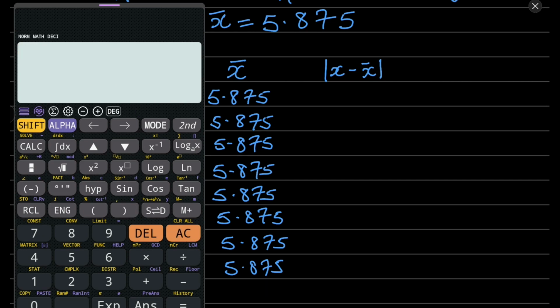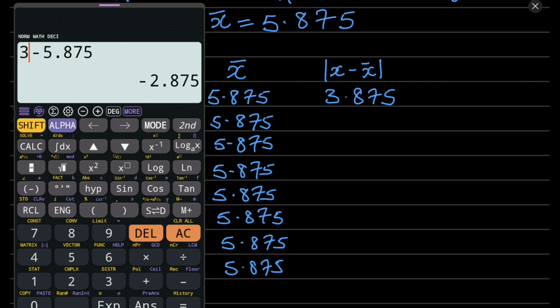For the first x, we have 2 minus 5.875. According to the calculator we have negative 3.875, but simply because we need the absolute value and not the exact value, we neglect the sign and just write 3.875.